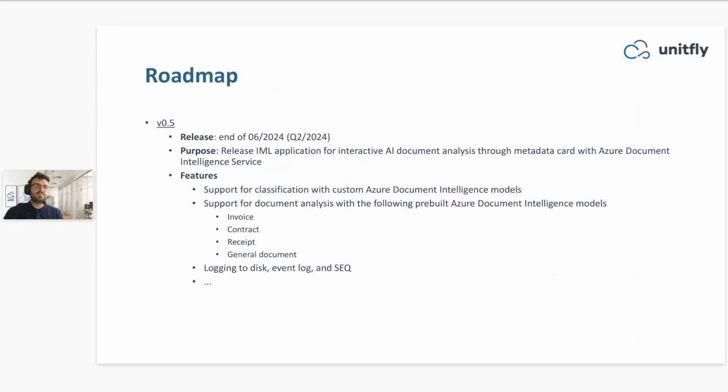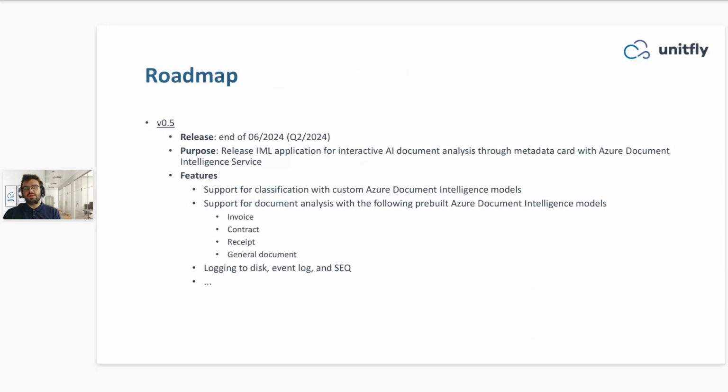Here is a roadmap of our plan that I already talked about. The first version, the one that awaits us at the end of this quarter, is interactive AI document analysis through the metadata card, via the analyze button.